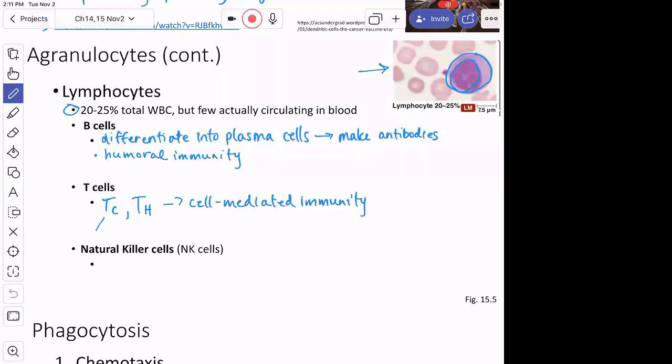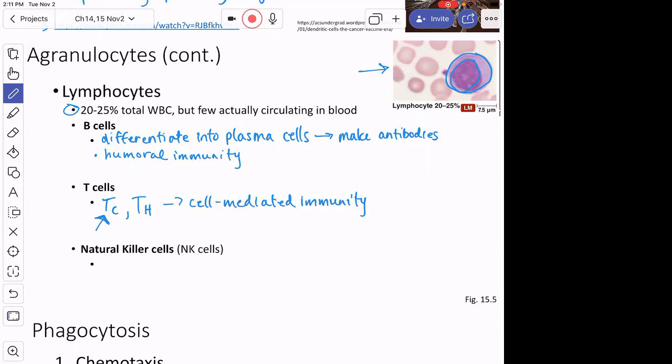Okay, so it's those cytotoxic T cells that are actually important to kill cells that are infected with viruses. So there's a lot of talk about antibody titer, you know, once you've been vaccinated for COVID, but really that's only one piece of the puzzle. We really want a good cell-mediated response because the cytotoxic T cells are the ones that act best to kill virally infected cells.